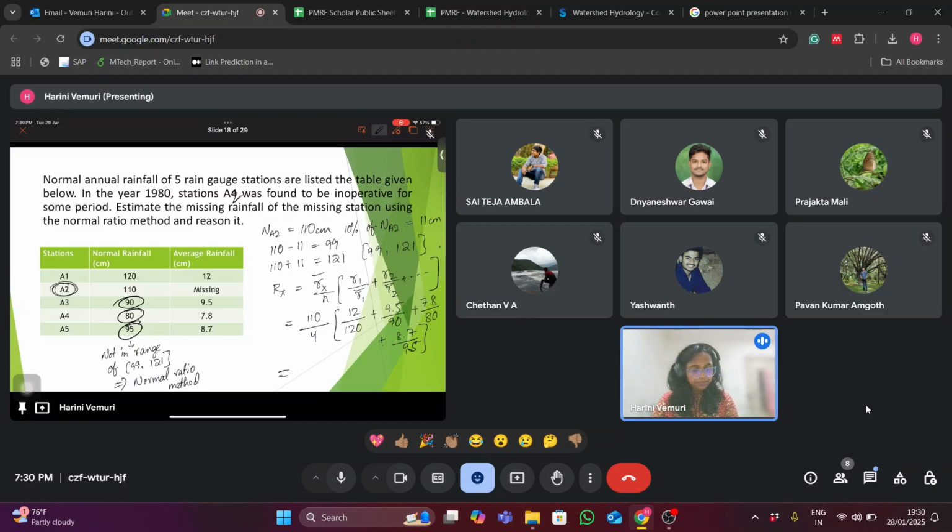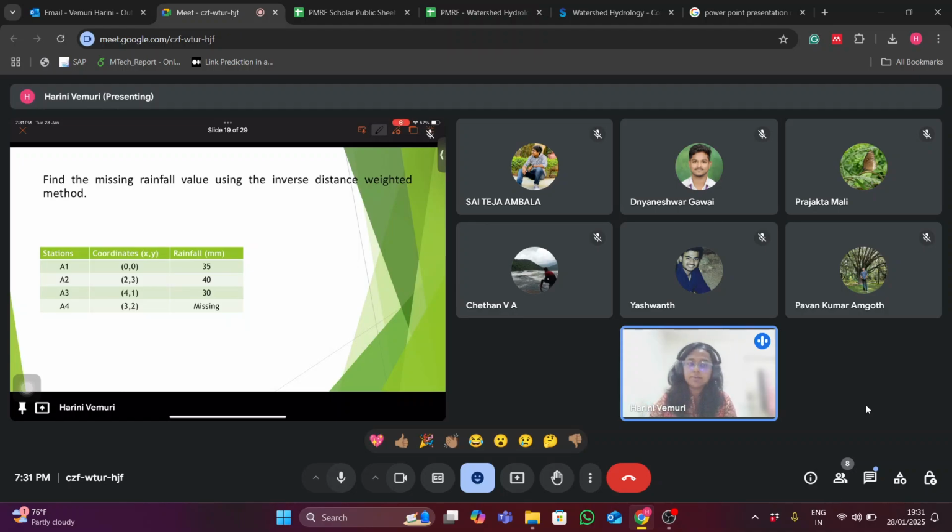So the value will be computed, and using the calculator I found the missing value, and that value is 10.85 centimeters using the normal ratio method. Okay.